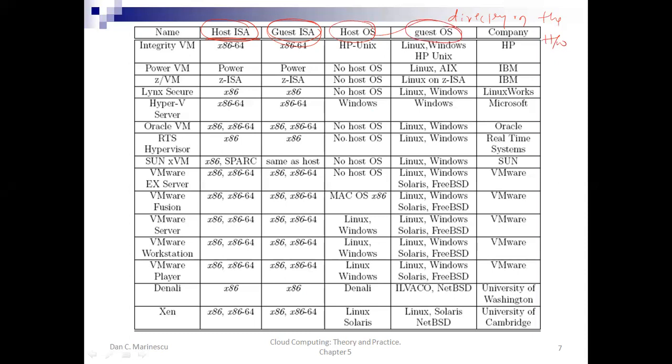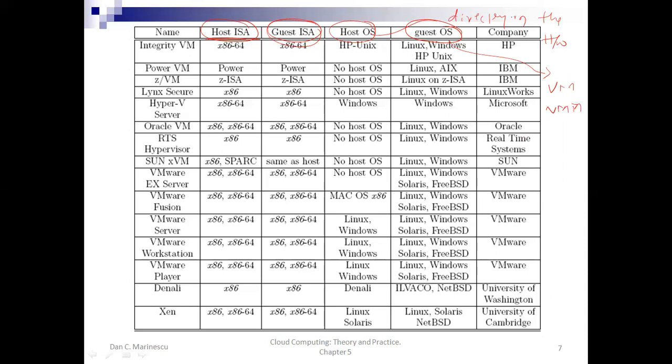Coming to the guest operating system, we have many guest operating systems, such as Linux and Solaris. The guest operating system is the operating system running under the control of the virtual machine, which in turn may run under the control of the virtual machine monitor as well.